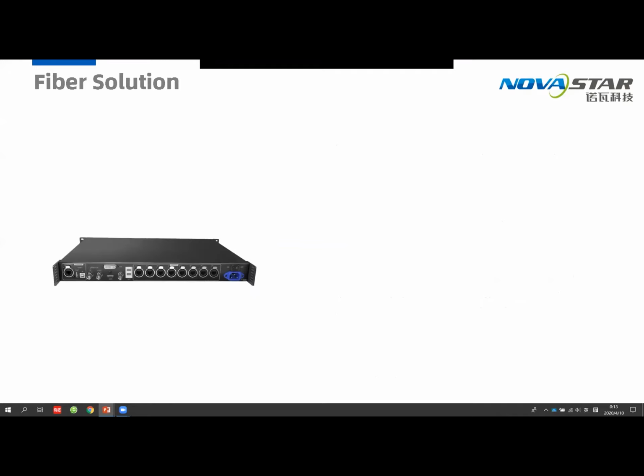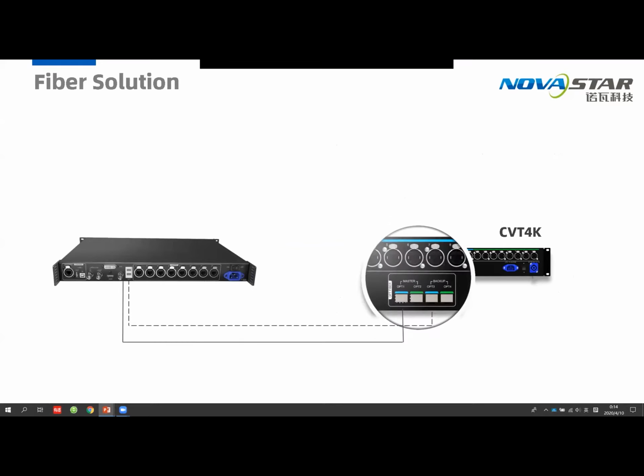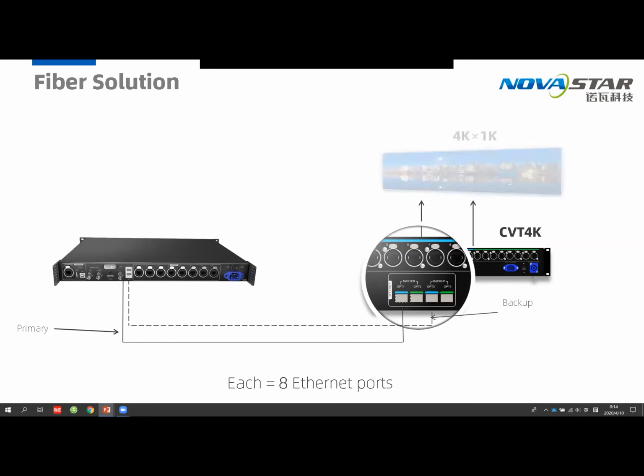We can also use the CVT 4K converter with the M control R5. And the M control R5 has 8 Ethernet outputs, which means just one fiber output can handle all those Ethernet outputs to drive a 4K by 1K screen.